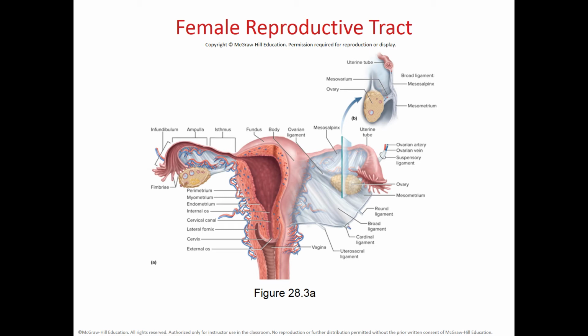The oocyte is actually ovulated into the peritoneal cavity, so it needs to be transferred into the uterine tubes. And there is no direct physical connection between the fimbriae and the ovaries. So that's why sometimes fertilization can happen within the peritoneal cavity in what we call ectopic pregnancy.